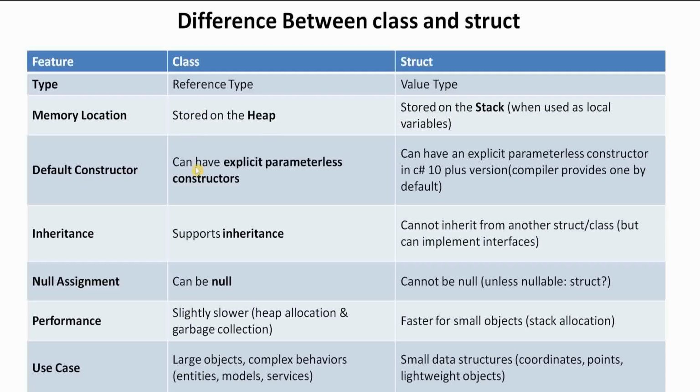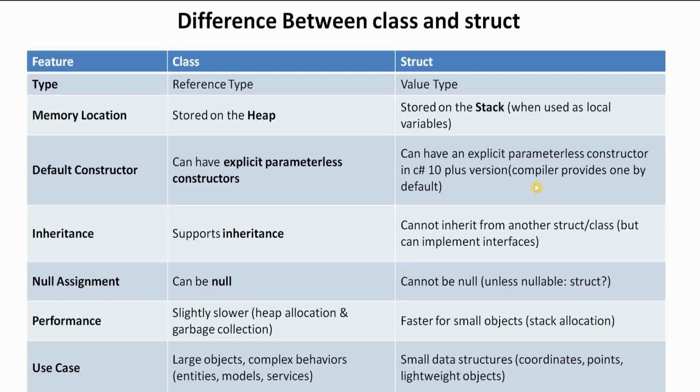Default constructor: a class can have an explicit parameterless constructor. We can provide constructors, and if we do not provide any constructor, a default constructor is created by default. A structure can also have an explicit parameterless constructor, but only in C# 10 plus versions, not before that.